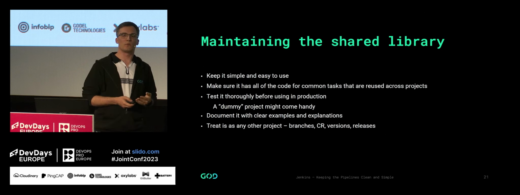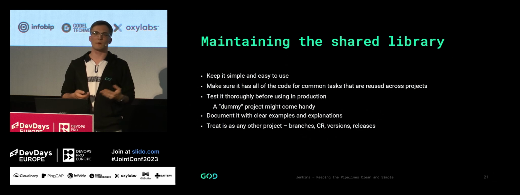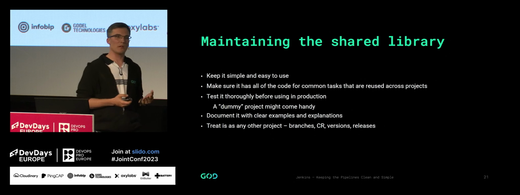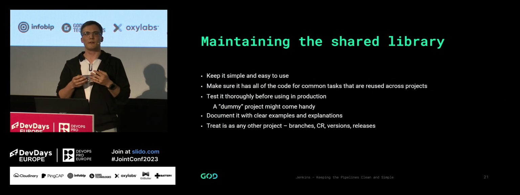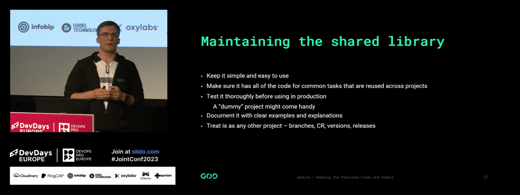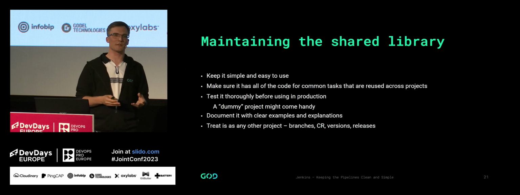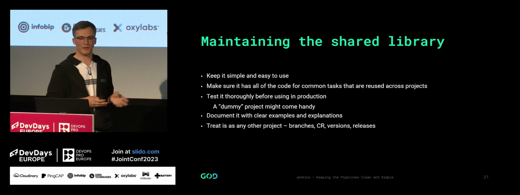Okay, so a couple of words about how one should maintain the shared library. My main point is to say that the shared library is just another code. The same way you treat the code of your project, you should treat the shared library.